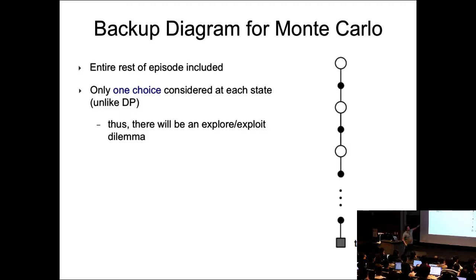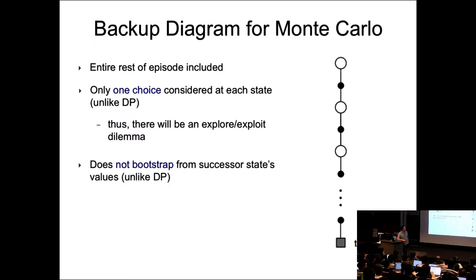So there will always be something that's called the explore-exploit dilemma. And we'll come back to that later, right? Because you want to design algorithms that don't take the same action always, without exploring what would happen if you took a different action.